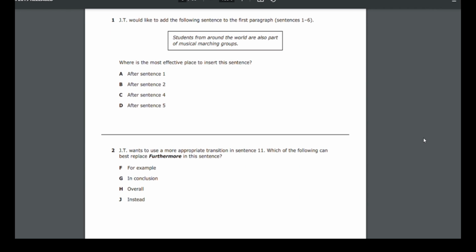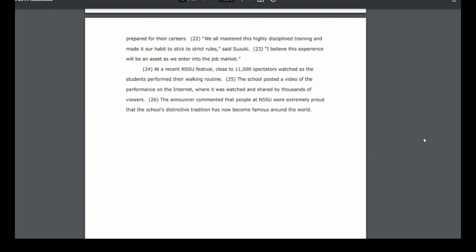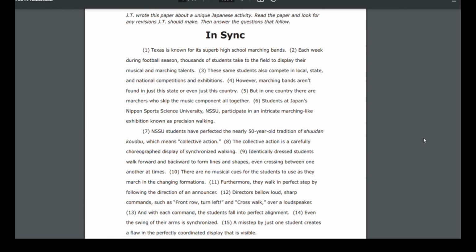I go straight to the questions because oftentimes with our special population students, all of this reading becomes very burdensome on them. They tend to reread the same sentence 3 or 4 times and get frustrated and give up.